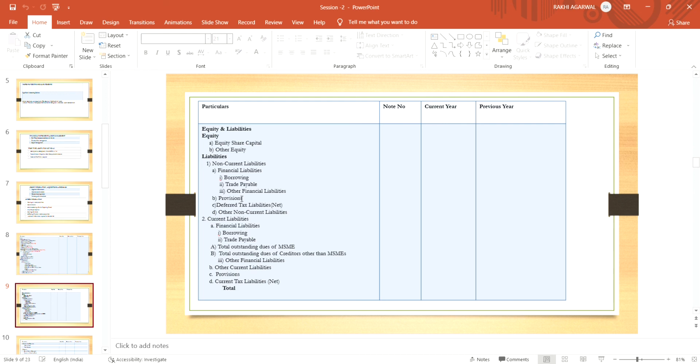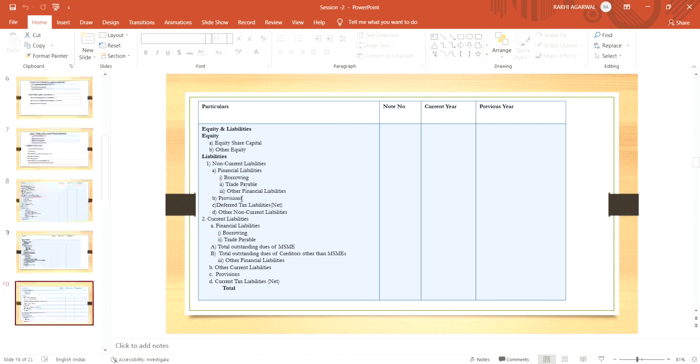Under current liability, there is financial liability, total outstanding dues of MSMEs, total outstanding dues other than MSMEs, other financial liabilities, other current liabilities, provision, current tax net. Like under current financial liabilities, we will give the disclosure of borrowings and trade payables. So in this way, we will prepare our balance sheet.